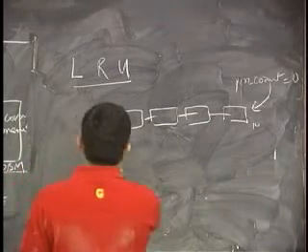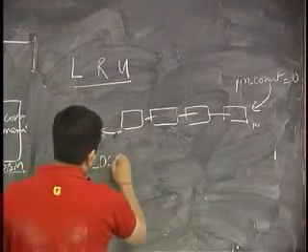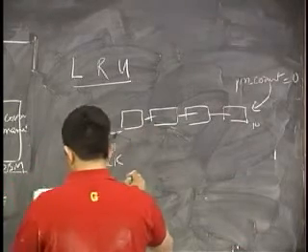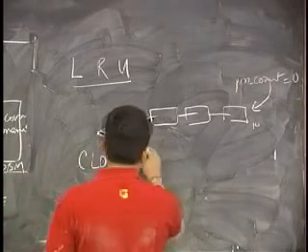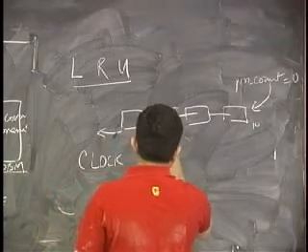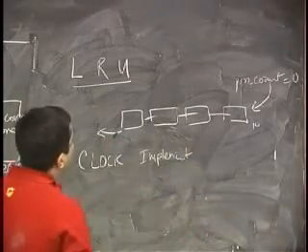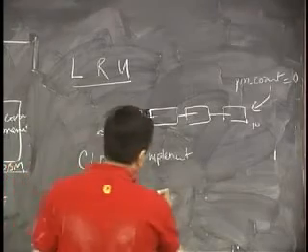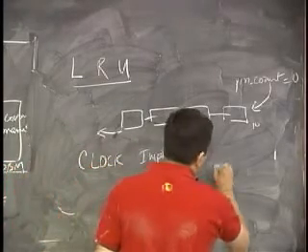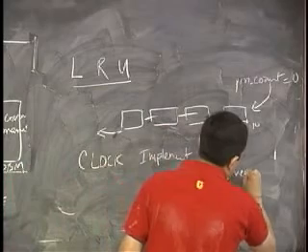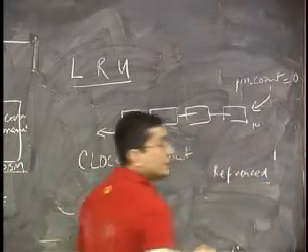The other way is called the clock implementation. In clock implementation, you have another variable called referenced.